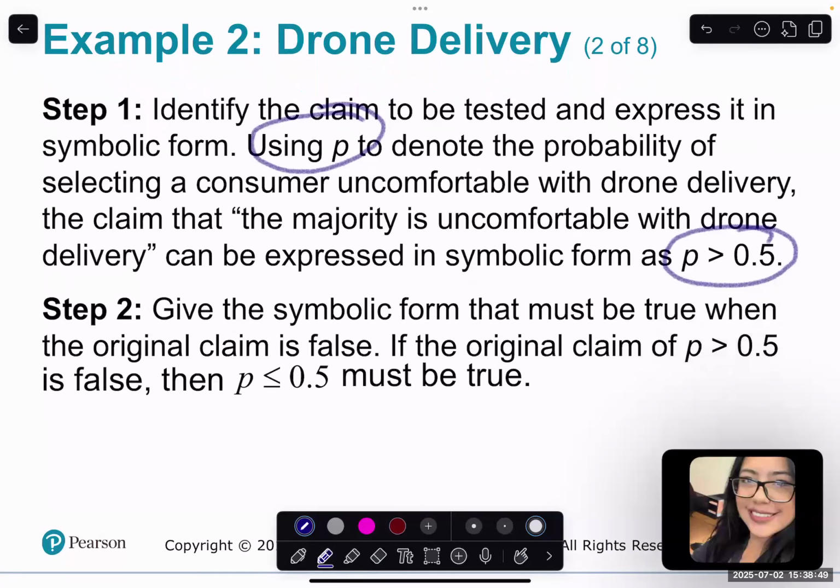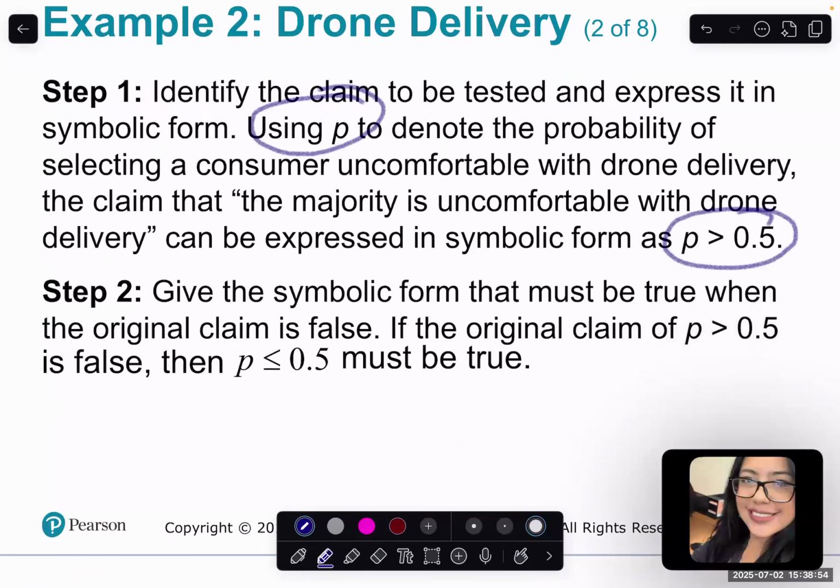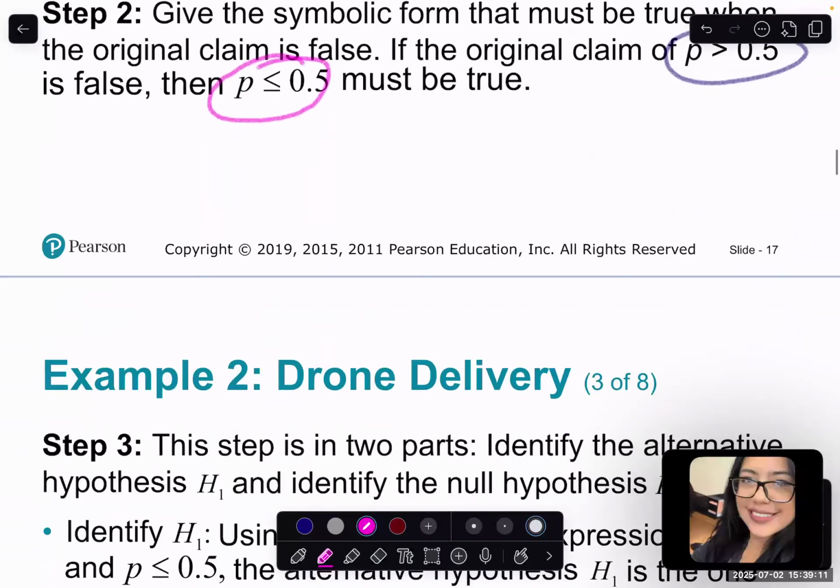Now we create the symbolic form that must be true. If the original claim is p greater than 0.5, then what would make it false? Well, you reverse it. That means p less than or equal to 0.5 must be true.